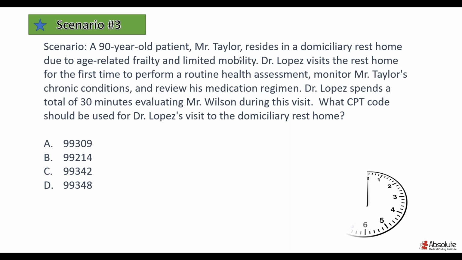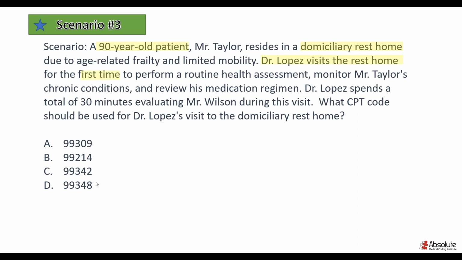So I can see everyone answer in the chat, and I think Miss Karen, they are super forensic. They all are rocking in the chat. So yes, coders, great answers. So let's highlight the keywords here. 90-year-old patient, domiciliary rest home.